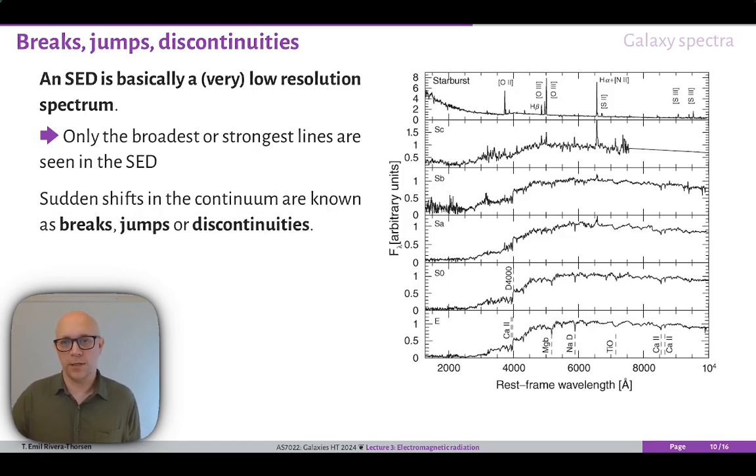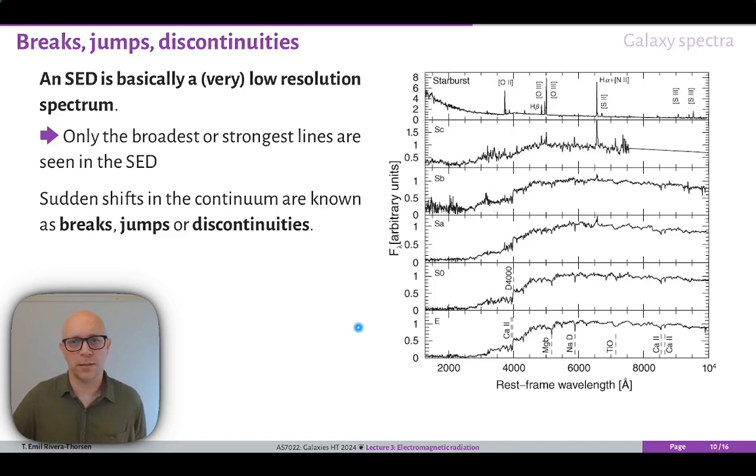Sudden shifts in the continuum can happen, as we can see in the figure here. We can see these places, for example, here around 4,000 angstrom, and another one out around here, and some on the upside of 3,000 angstroms.